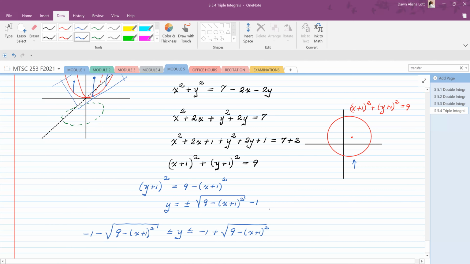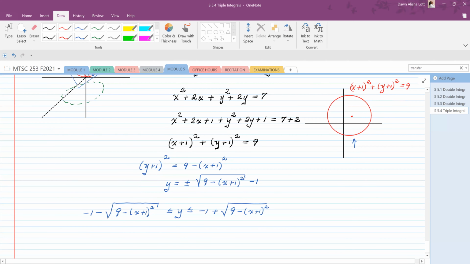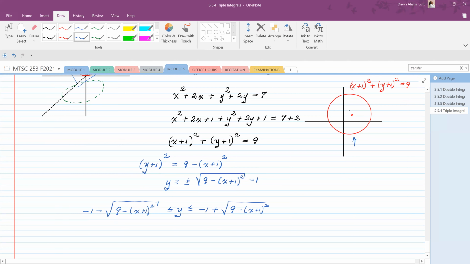And then x, well, let's see. If this is the center and the center is 1, 1, and the radius is 3, that means this point is 4, and I subtract 3, that means this point is -2. Wait, wouldn't the center be -1?